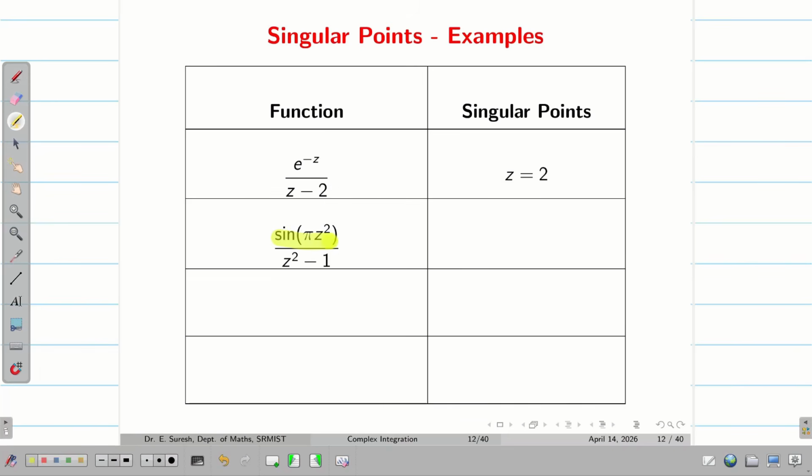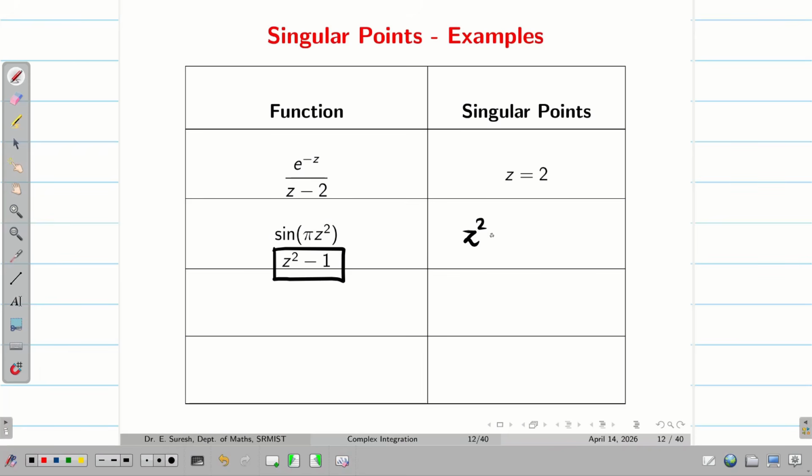The next example: you can see the numerator is sin pi z square. We know z square is analytic everywhere. It is an entire function, and sin z is also an entire function. Therefore, sin pi z square is also an entire function, so it is analytic everywhere. But for the denominator, we have z square minus 1.